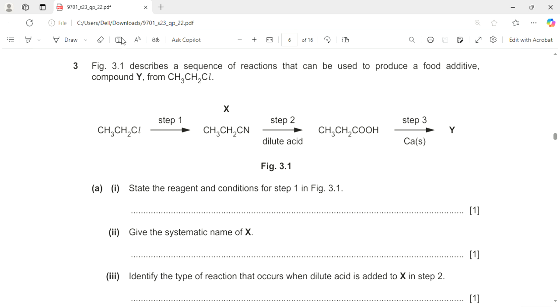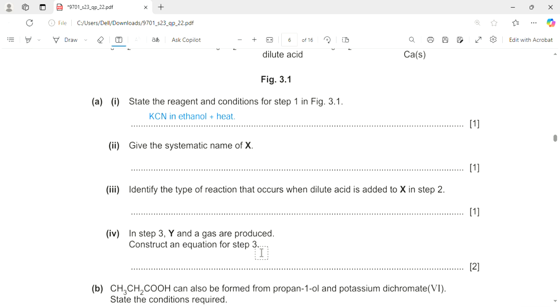There is CN, so the condition is KCN, or potassium cyanide, in ethanol, plus heat. So we have done this.